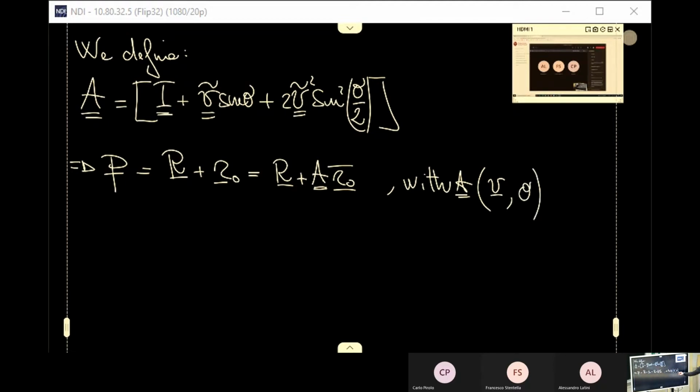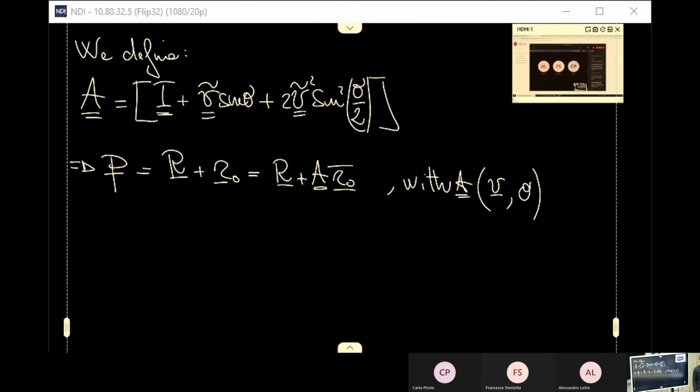So if we know the axis of rotation and the angle of rotation, we can write this matrix that, when applied over the position vector defined with respect to the local frame, gives us the vector expressed directly in the inertial frame. Okay?